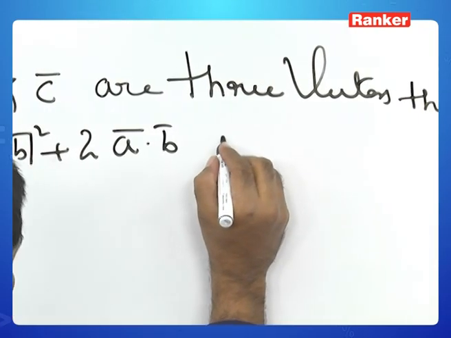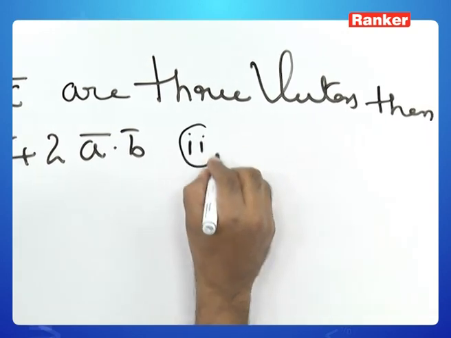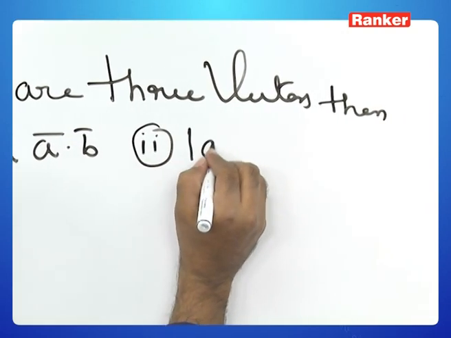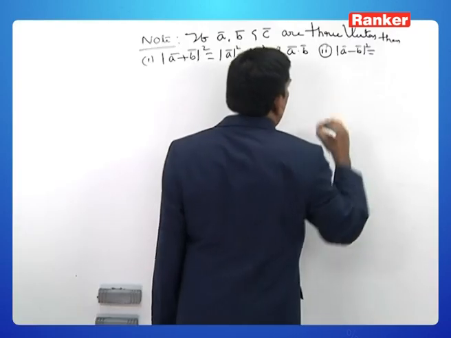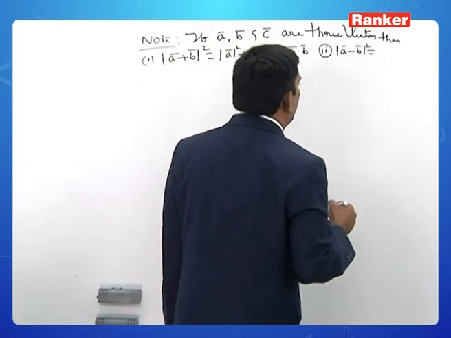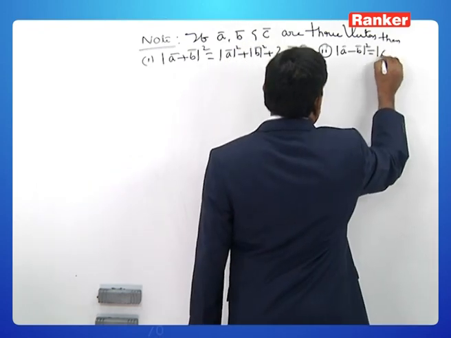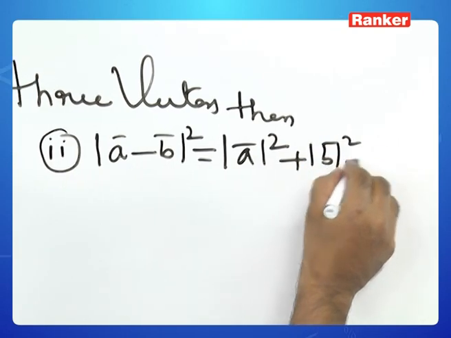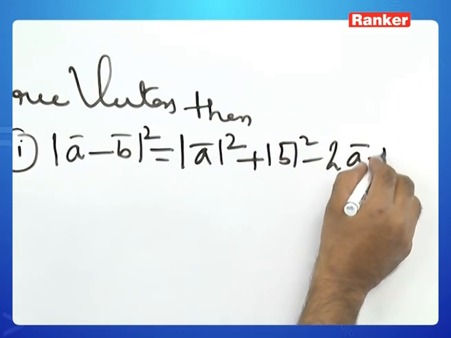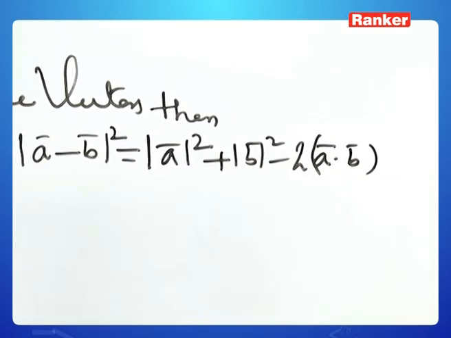The second one is: modulus of A bar minus B bar whole square is equal to mod A whole square plus mod B whole square minus 2 into A bar dot B bar.